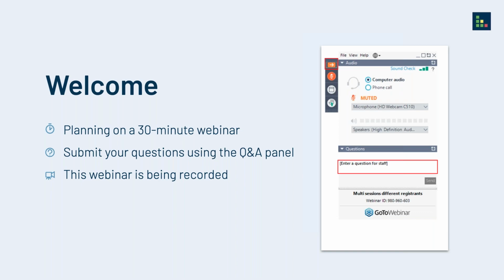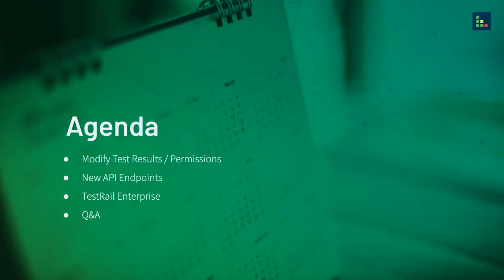So without further ado, moving into the webinar proper, we're going to be talking about what's new in TestRail 5.7. We're going to cover off the new API endpoints that we introduced with the 5.7 release, and also the new capability that we added to modify test results in your TestRail instance.